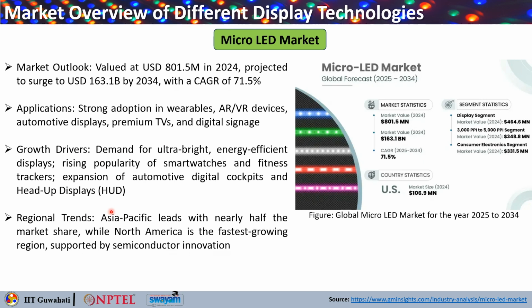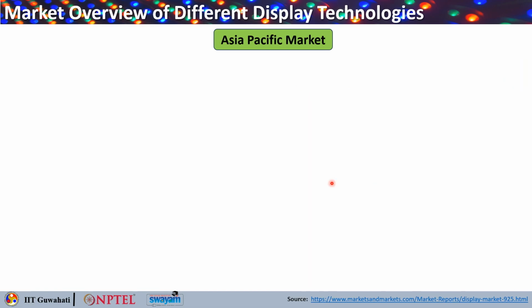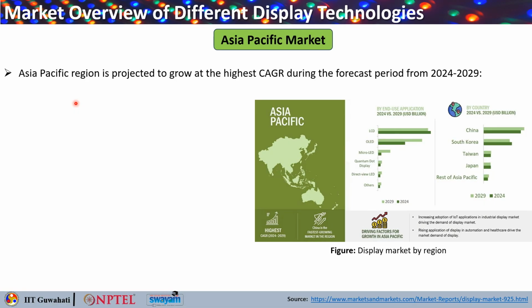So the region wise trend shows that Asia Pacific leads with nearly half the market share, while North America is the fastest growing region, supported by the semiconductor innovation in this particular product. Now if you look into the Asia Pacific market, this region is projected to grow at the highest CAGR during the forecast period of 2024 to 2029.